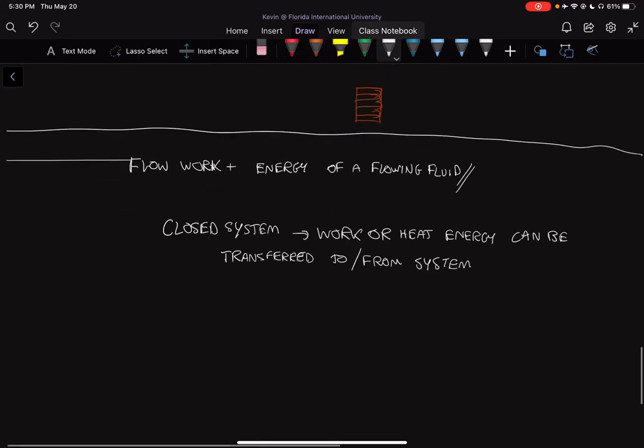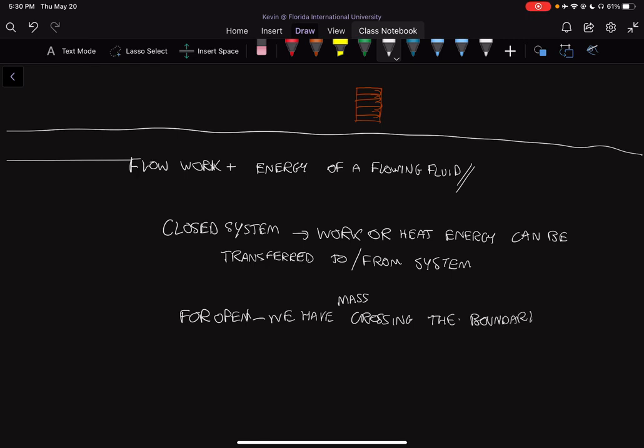Okay? Now, for an open system, we have mass crossing the boundary. And in order to have mass cross a boundary, we actually need some work to do that.